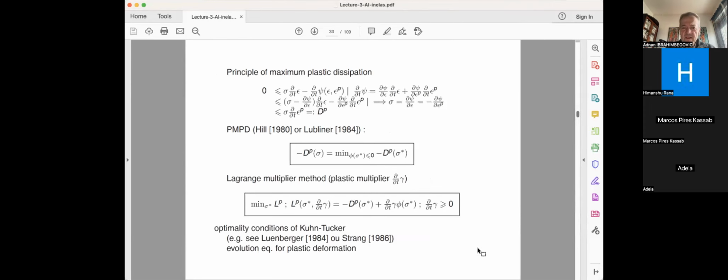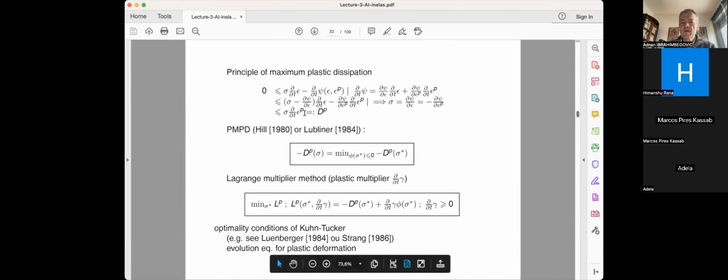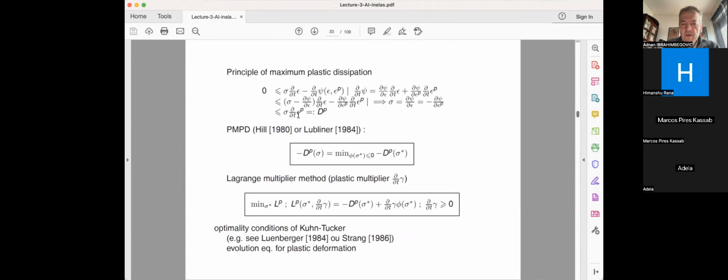So for perfect plasticity, we already said the plastic dissipation is defined by going through this definition of the dissipation as a product between the rate of the plastic deformation, epsilon p dot, and the energy conjugate flux, which is sigma. And then we can obtain the evolution equation by appealing to something called the principle of maximum plastic dissipation.